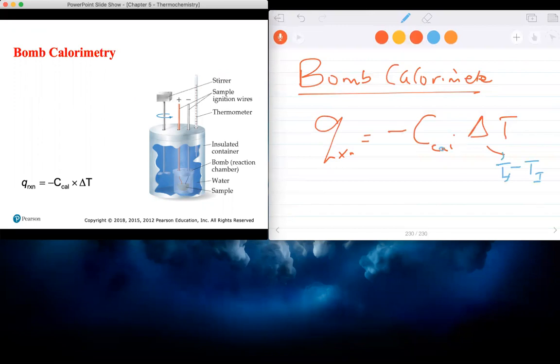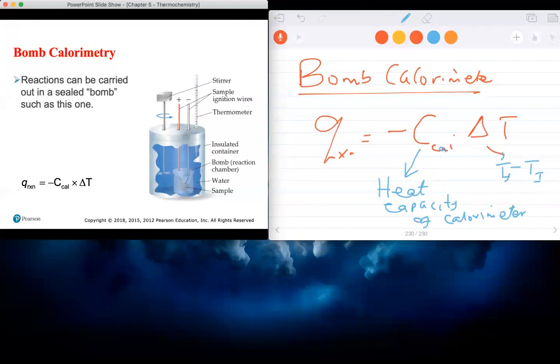The C here is not specific heat capacity, it is just the heat capacity of the calorimeter. Heat capacity of the calorimeter, and plugging that in, you should be able to find the heat of reaction.